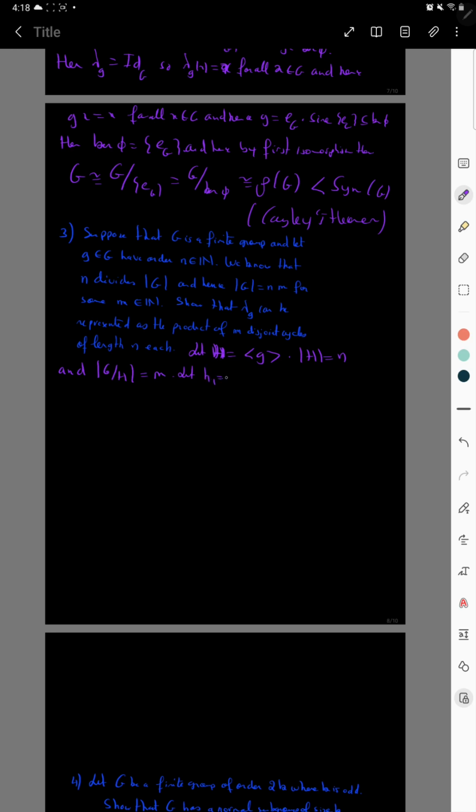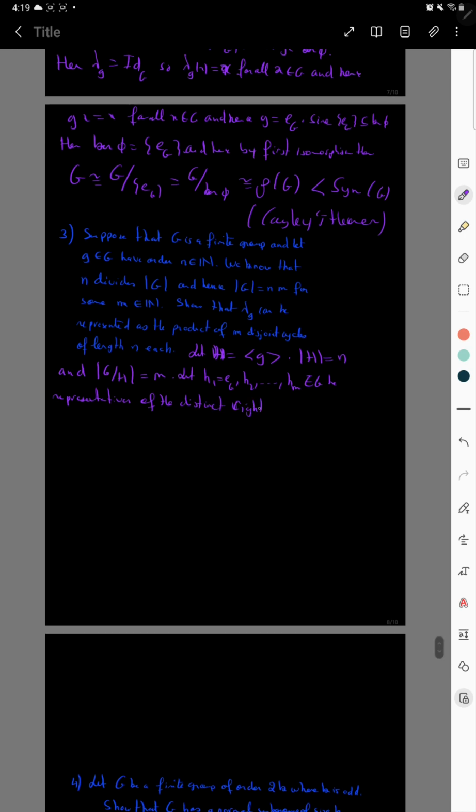So let H1, H2, ..., Hm and G be a representative of the distinct cosets of H, distinct right cosets.